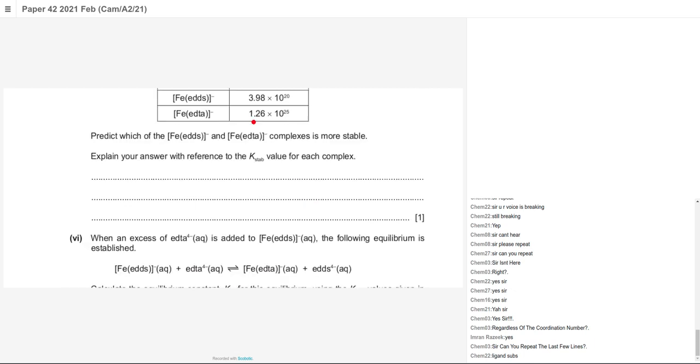So EDTA is more stable because it has a greater Kstab value.